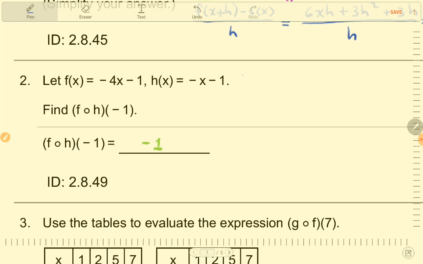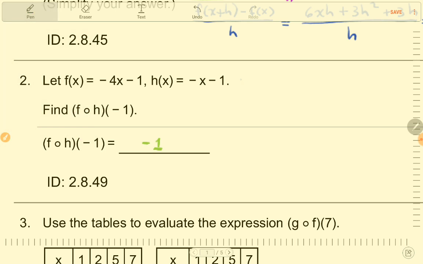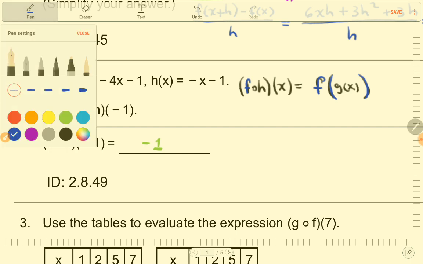All right, so f of h of x is f of g of x, I mean h of x. So the blue function on the outside, the first function mentioned, and I keep coming back to that g.